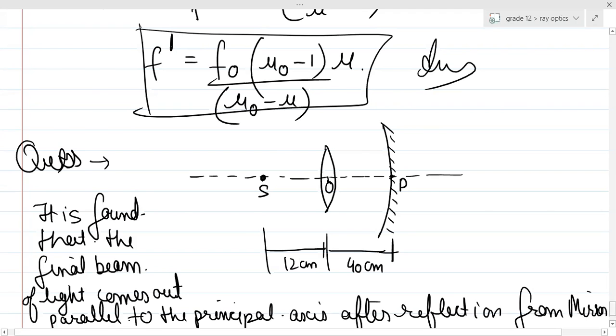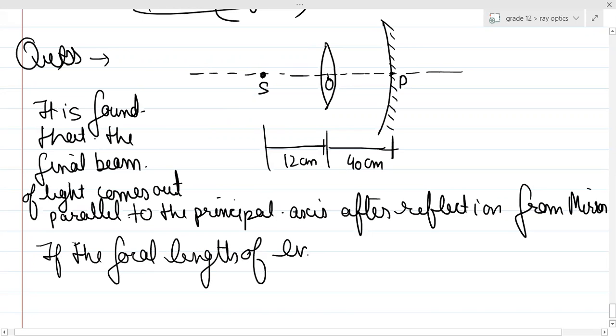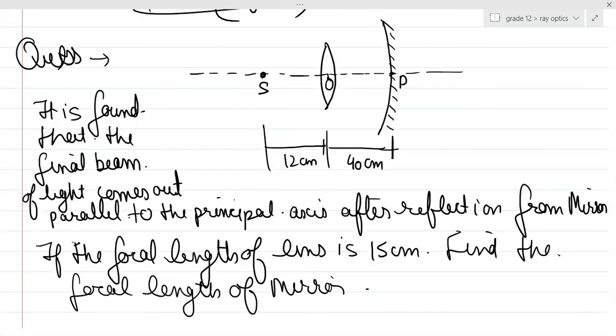So after getting reflected from the mirror, the light rays come parallel to the principal axis. The question is, if the focal length of the lens is 15 centimeter, then find the focal length of the mirror. So this is your question, very important. A very nice question. Try to do it.